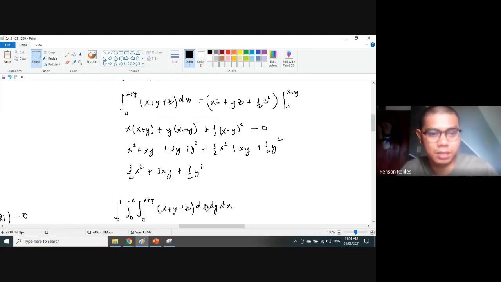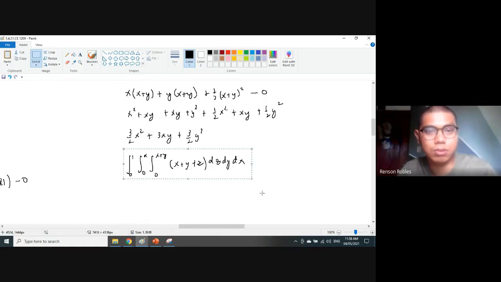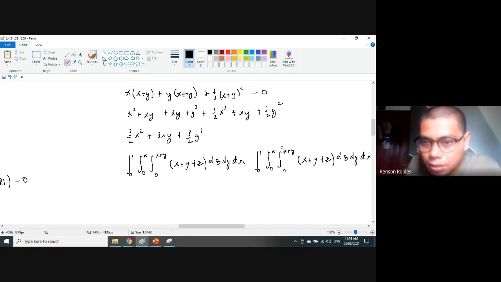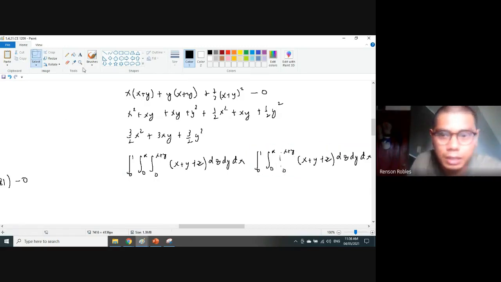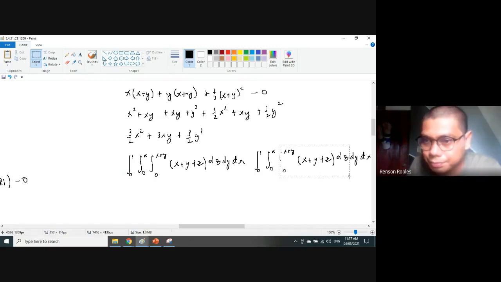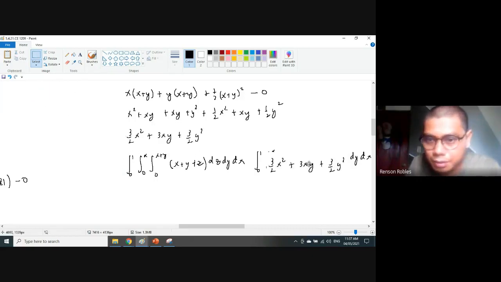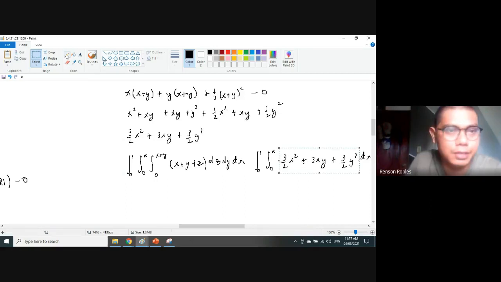Then this is now equal to, we now erase the inner part. Ito lang gamitin. Then we just replace it by this. Control C. Okay, modify ko na lang later.